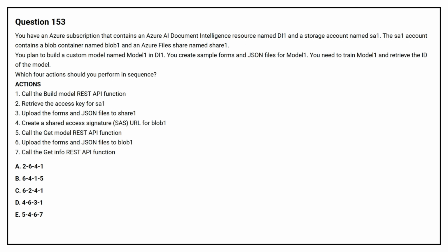Create a shared access signature SAS URL for blob1. 5. Call the getModel REST API function. 6. Upload the forms and JSON files to blob1. 7. Call the getInfo REST API function.